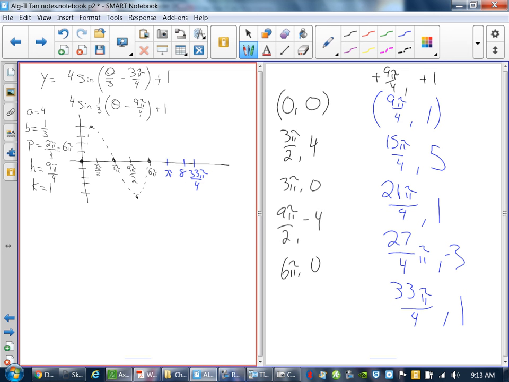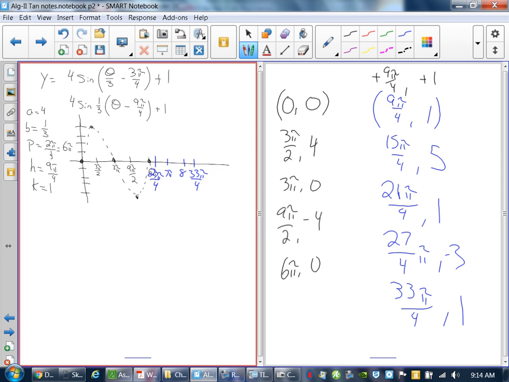The 27 over 4, that would be 6 and change. So I'll put it here, 27 pi over 4. The next one would be at 5 and change.